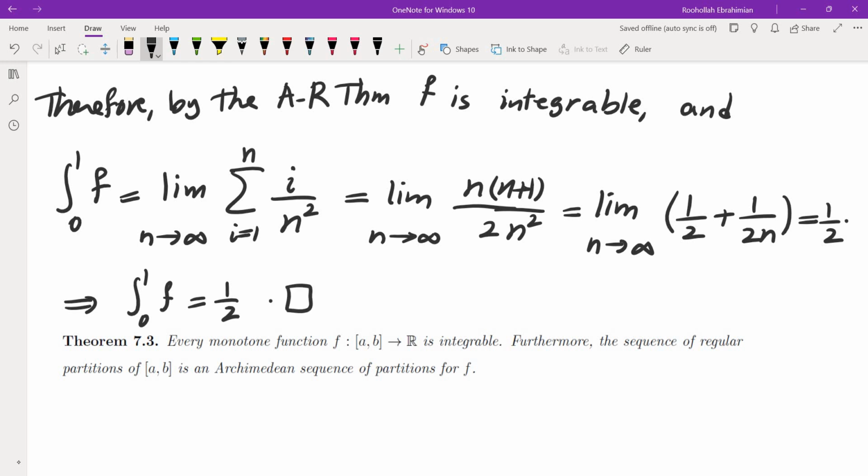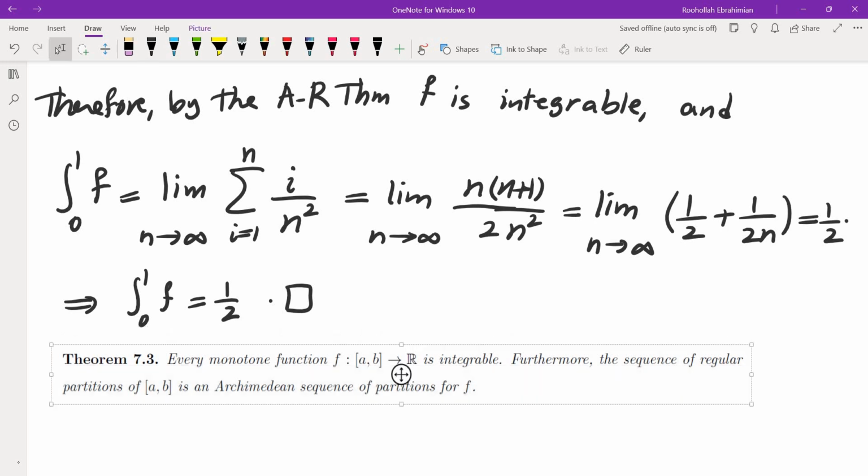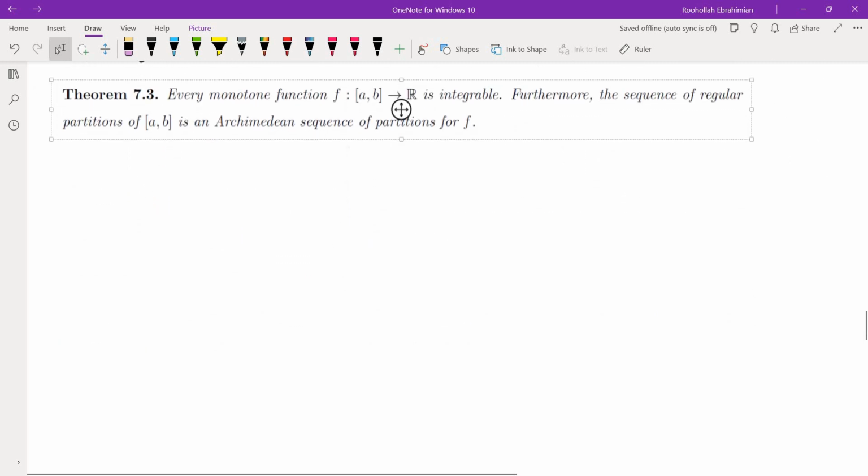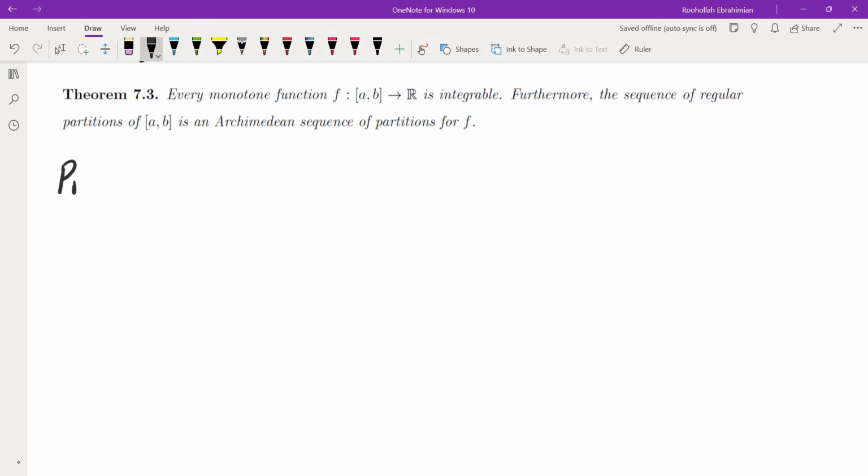Okay, so again, what we need to do in order to find the integral is find an Archimedean sequence of partitions and then evaluate its upper sum or lower sum and then take the limit. Okay, next we are going to deal with a set of functions and show that all monotone functions are in fact integrable.